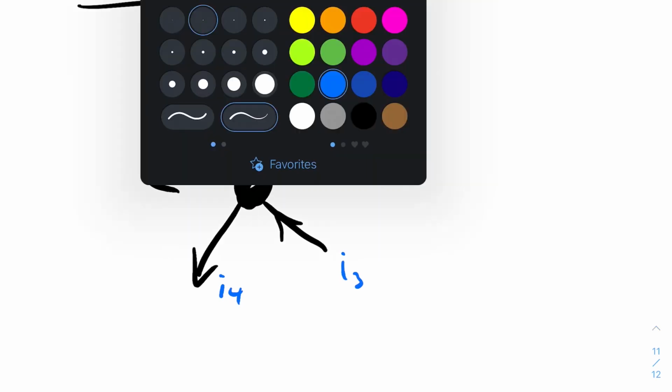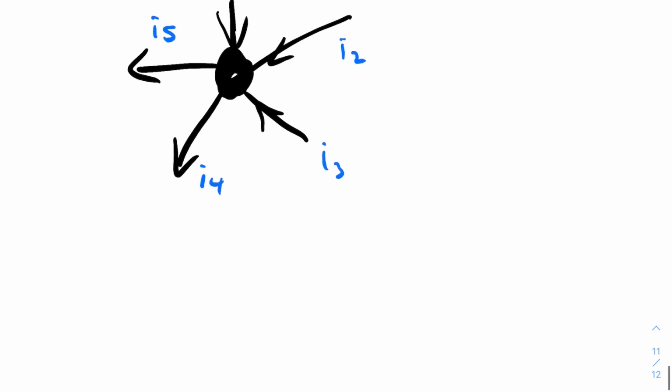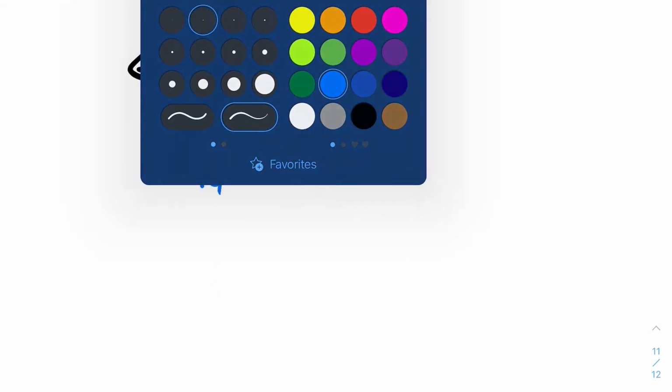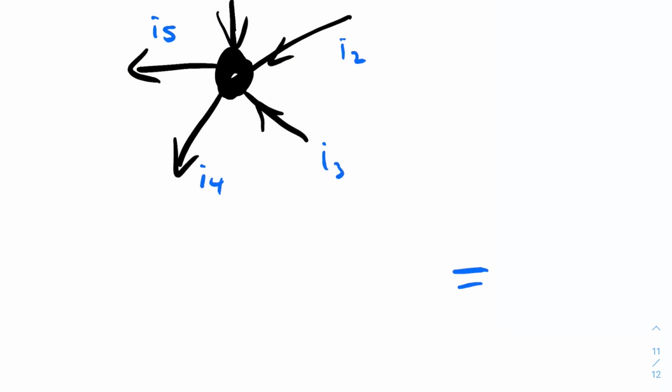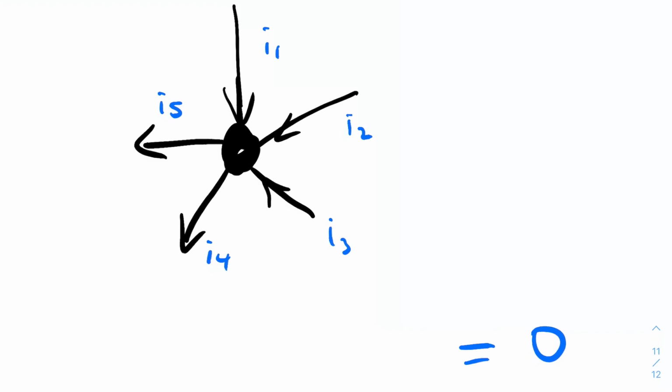What the KCL law tells us is that the algebraic sum of all of these currents is going to be equal to 0. So we can start writing our KCL equation by saying that all of these are going to be equal to 0. And then we can write them on the basis of how they interact with that node. Those entering the node are going to be positive, and those exiting are going to be negative, subtracting from the node.